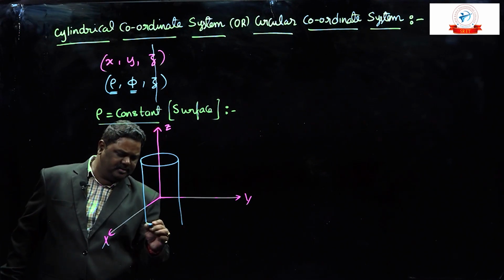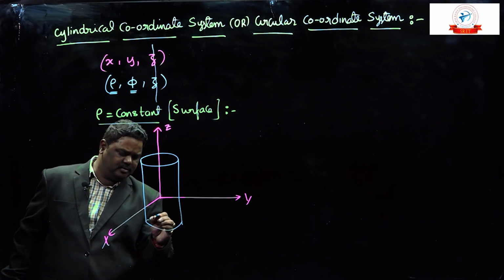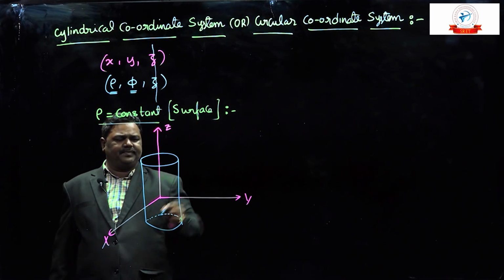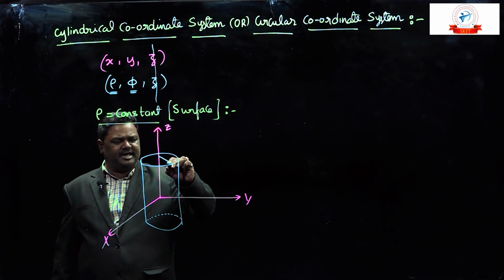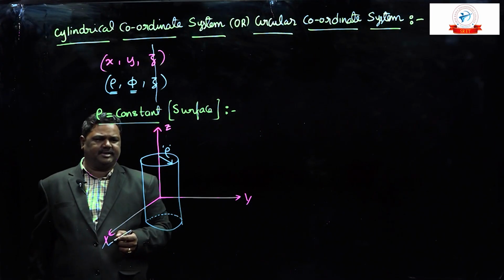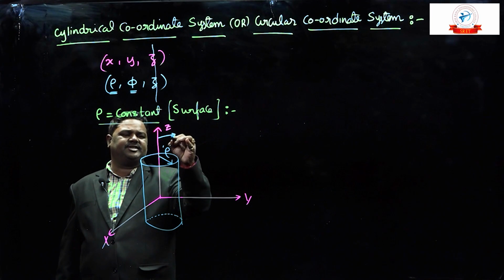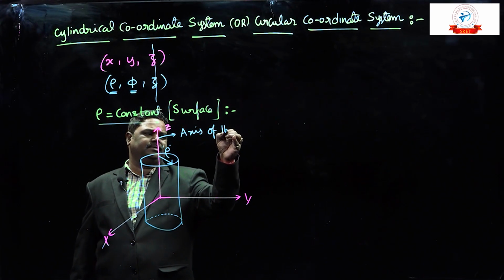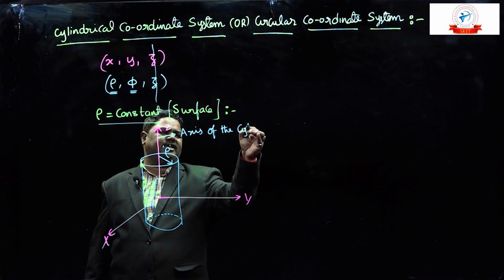Consider this cylinder. This is the cylinder. For the cylinder, the radius of the cylinder is nothing but rho. Rho indicates the radius of the cylinder, and the Z axis is the axis of the cylinder, or center of the cylinder.